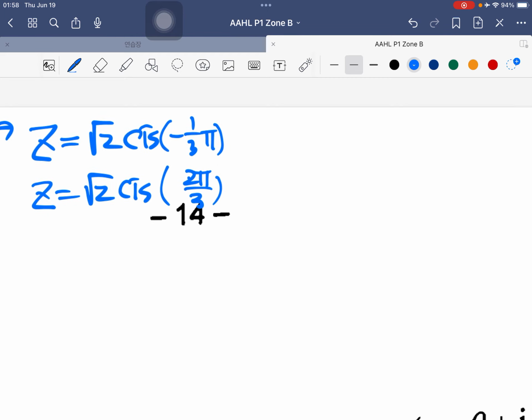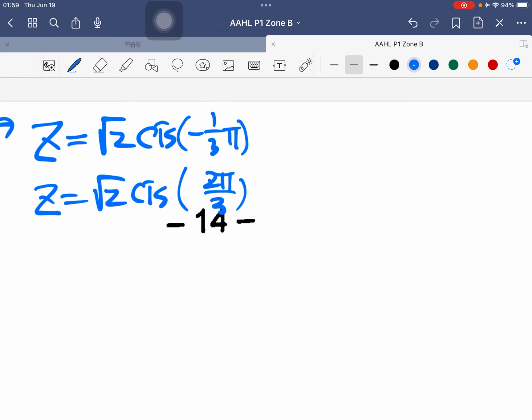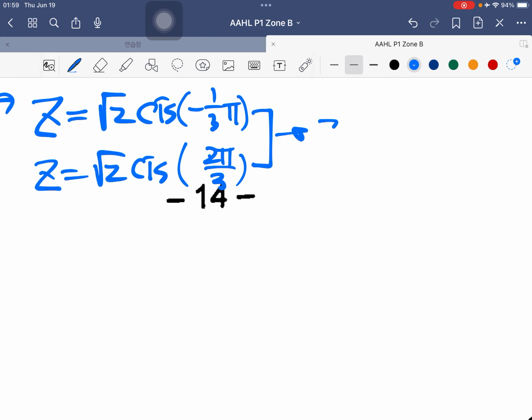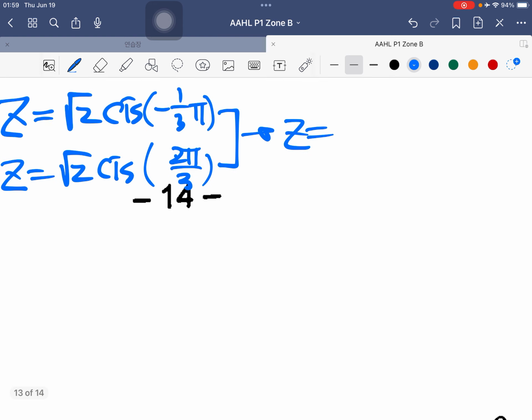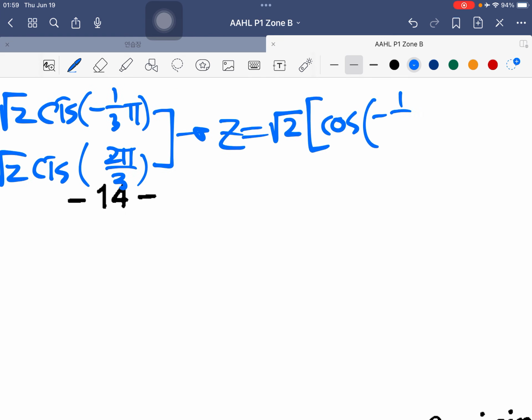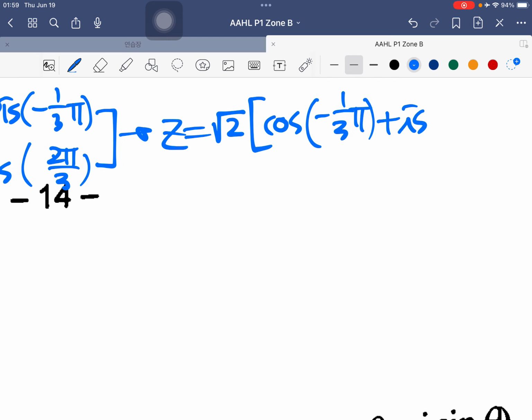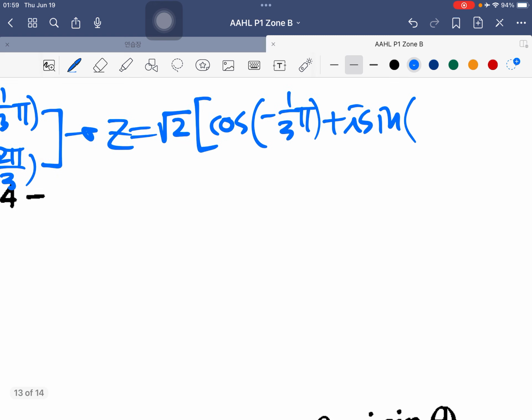So we can say that the answer for z, the first one, is root 2 cosine minus 1 over 3 pi plus i sine minus 1 over 3 pi.